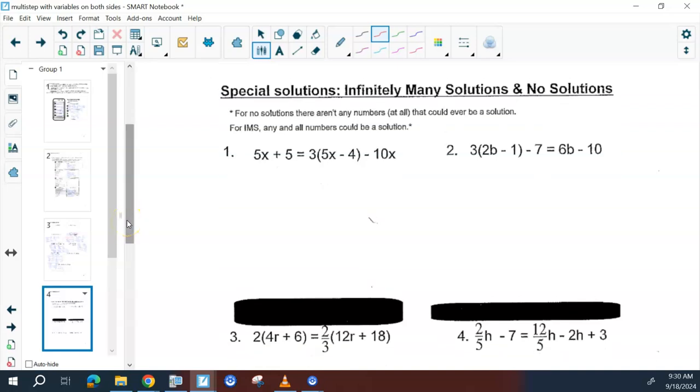So let's start solving this like normal. I would first distribute, and combine like terms.